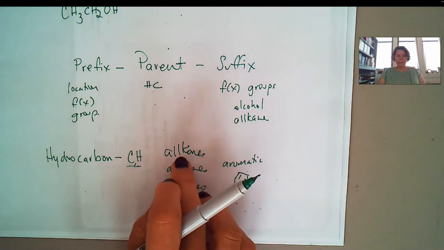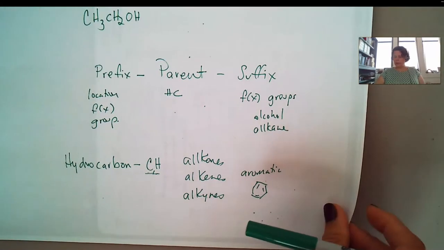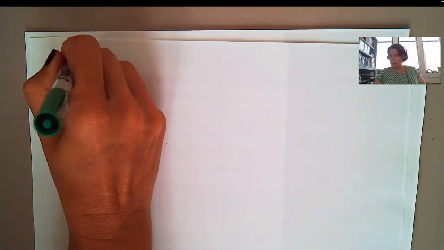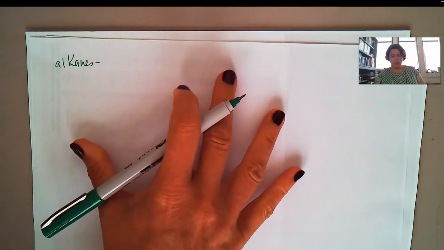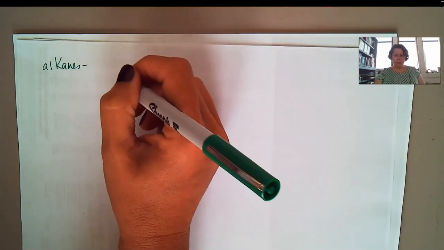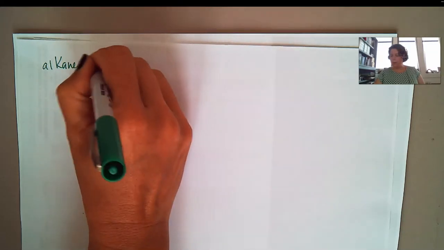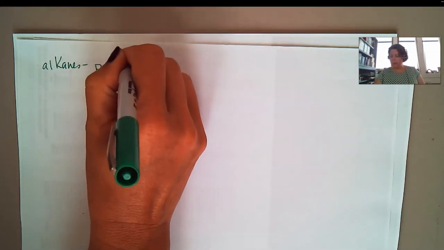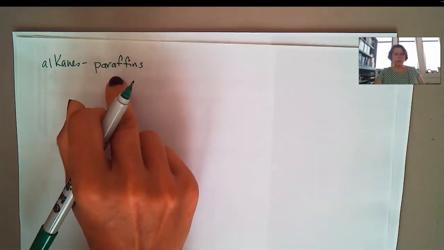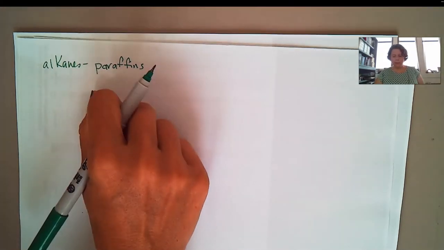Now, alkanes, what's the special thing about alkanes? You guys remember that they only have single bonds, right? So let me get back up here. Alkanes were the single bonded ones. Well, alkanes was our IUPAC name for them. But before that, they were also referred to as paraffins. And so you may see the word paraffin somewhere. If you see the word paraffin, it just means it's an alkane.